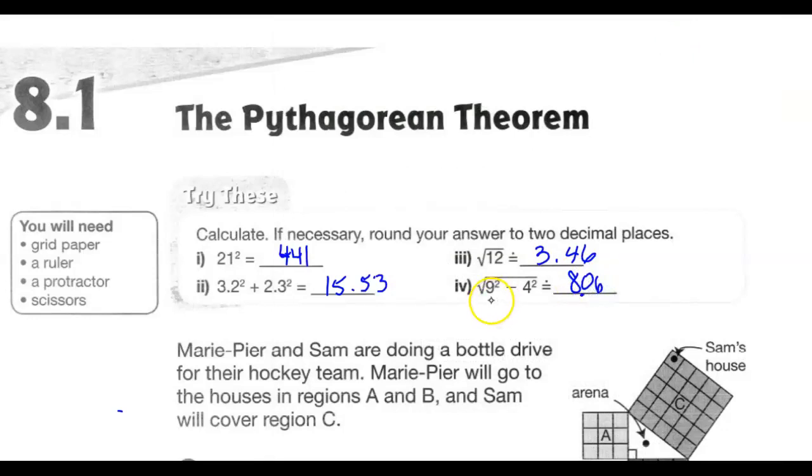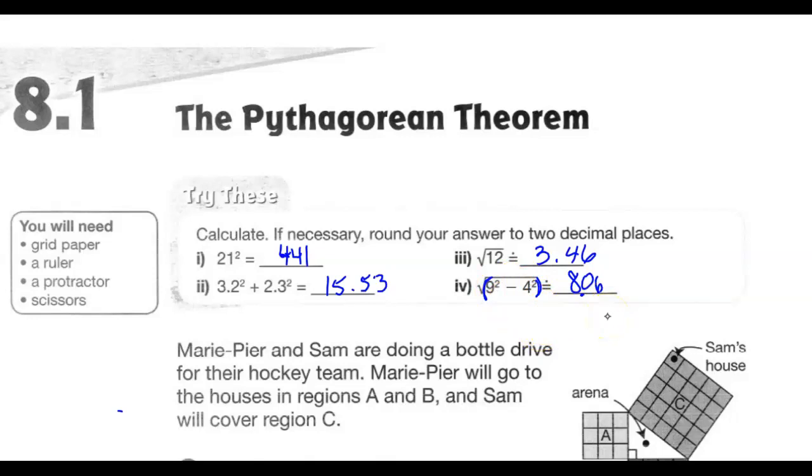Now, some of you might think, oh, well, square rooting is the opposite of squaring, which it is. And you might go, oh, that's just 9 minus 4. You can't separate the radicand up into terms. It's like order of operations. You have to do the brackets underneath the radical sign first, and then square root it. So be careful of that.